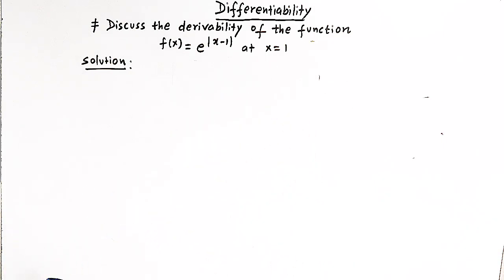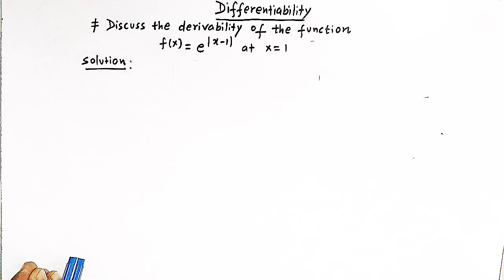So for checking the differentiability of a function at a given point, we have to find out the right hand derivative and the left hand derivative. And if the right hand derivative and the left hand derivative both exist and they are finite and they are equal, then we can claim that the function is differentiable.